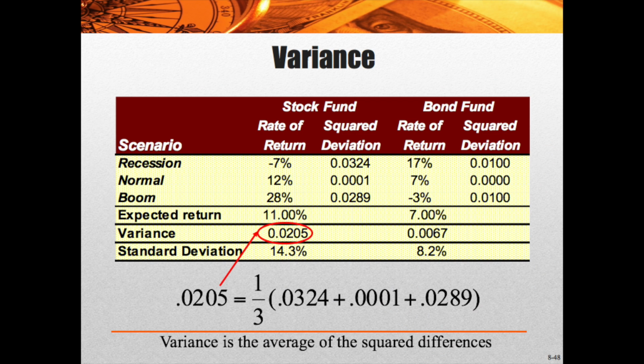It'd be even easier to do it on a spreadsheet, but this is how you figure out the squared deviation. Once you have that, we add up the squared deviations and multiply by 1/3, which is 0.0205, which is the variance.